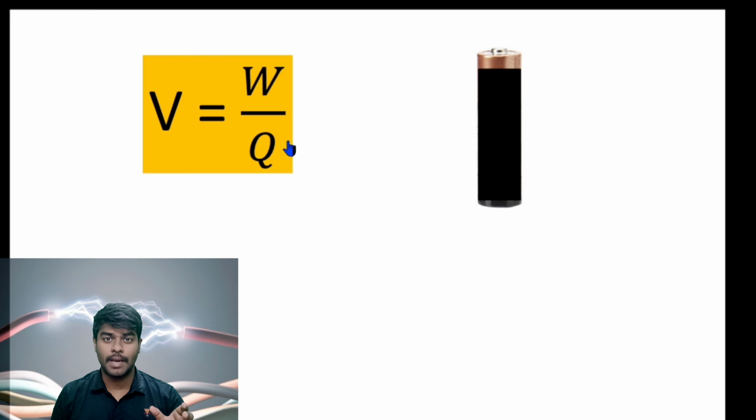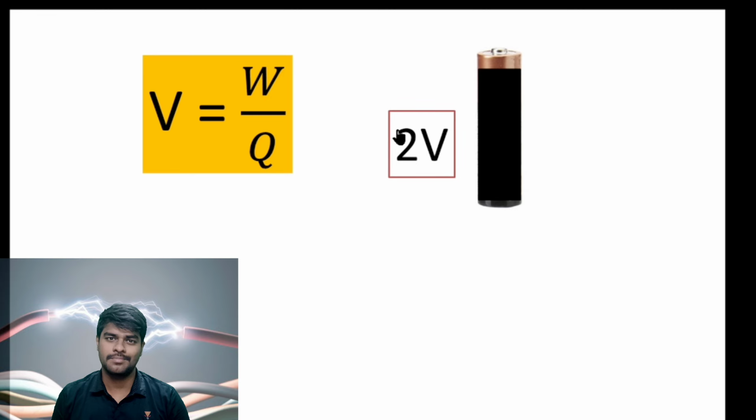V is equal to W by Q. This is the formula to calculate voltage. What is W? Work done. What is Q? Charge. Suppose you have a battery with a voltage of 2 volt. What does this mean?